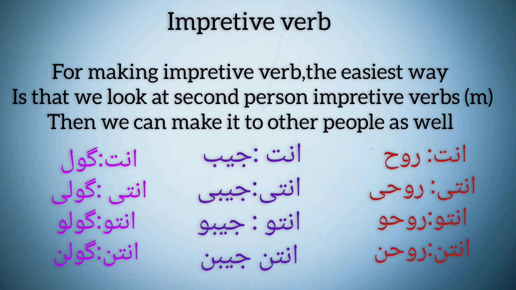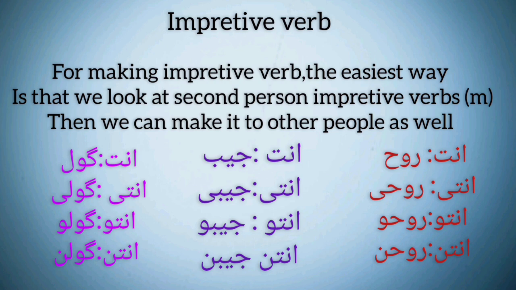For a group of people, we say روحوا. It means go. But for feminine plural, we say روحن. روحوا for masculine and روحن for feminine.